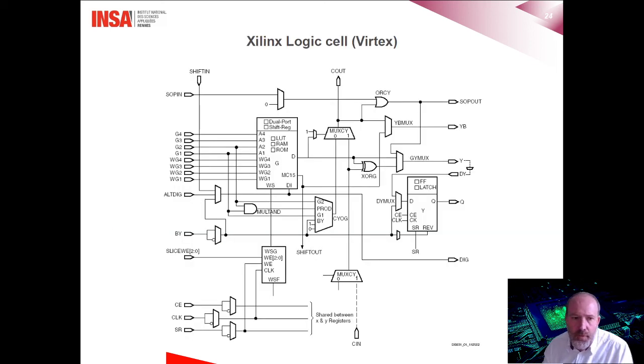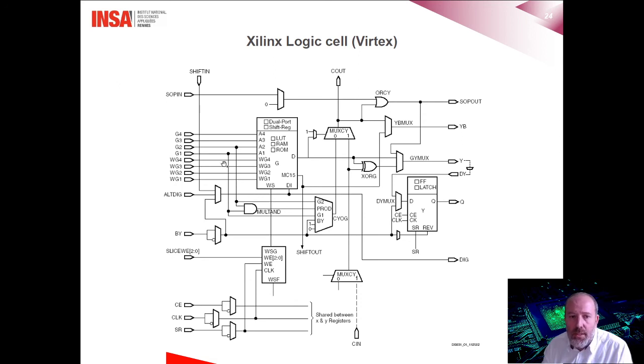This small figure shows the architecture of the logic cells of a relatively old FPGA, since it's more than 20 years old now. The circuit is a Virtex FPGA from Xilinx. We can see on this small logic cell that it has a memory that can be configured as a lookup table, a RAM, or even ROM, read-only memory.